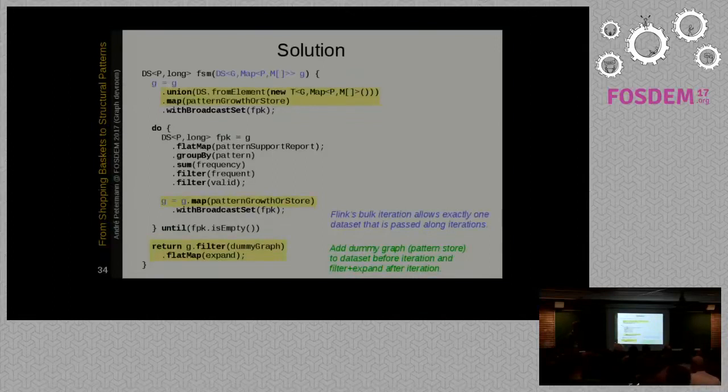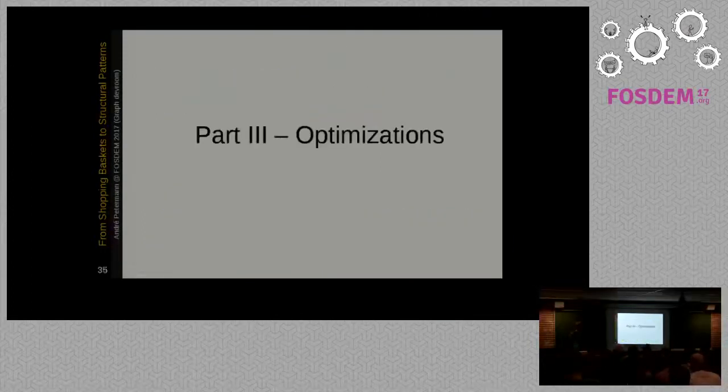Because we can reuse it, we don't need any additional data structure; we can just use the data structure we already have. At the end, we filter out this single dummy graph, which was collecting all the frequent patterns, and use a flat map, which creates a new pattern element in the output data set, including its frequency. Frequency we can also encode in the mappings and have the same result. So this really works. That was the solution to our problem.